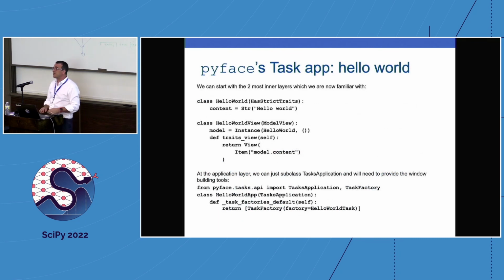All right, so let's do a hello world. We're going to start by the innermost level. That's the one you know the best, okay? So I'm defining a hello world that has traits, and this is my model. My model is going to be ridiculously simple, and it's just going to hold a string that says hello world, okay?